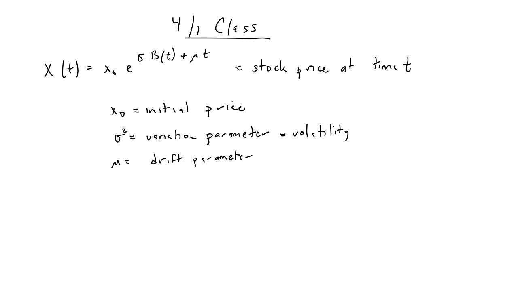Mu is the drift parameter, which is a mix of inflation and the fact that stock tends to go up faster than the economy in general.